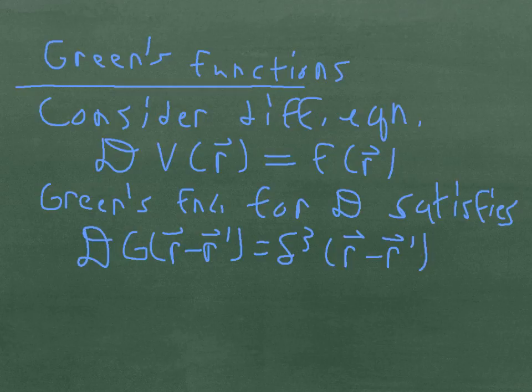So the Green's function is specific to a particular differential operator, and it's just the one that gives you your f of r being equal to the delta function. Before we do an example, let's first answer the question, why is the Green's function useful?